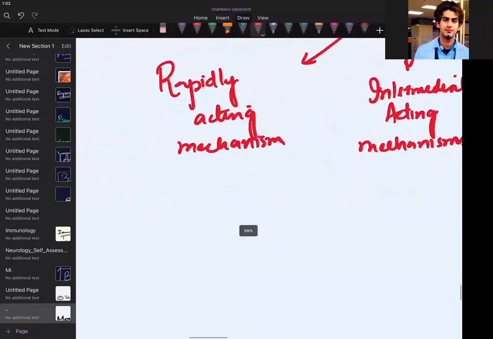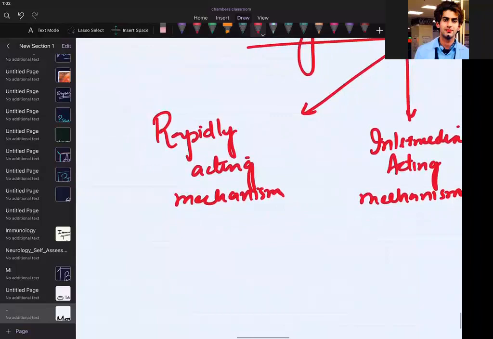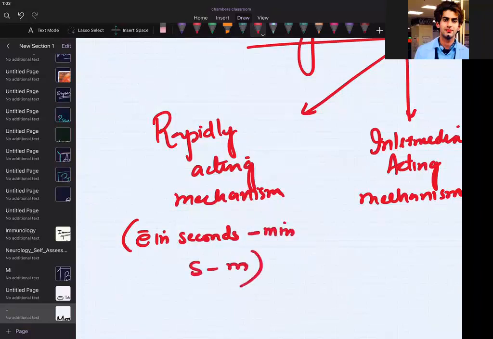So this rapidly acting mechanism means, remember my words, many books will be writing different things, I will be coming to a common one, okay? Rapidly acting will be that mechanism which is acting within seconds to minutes.